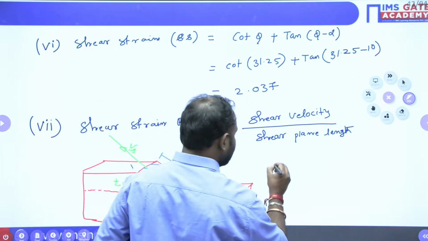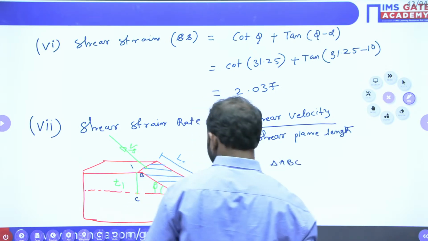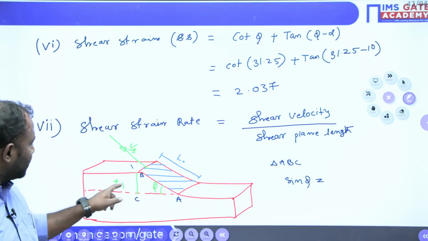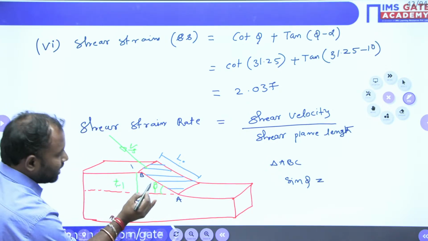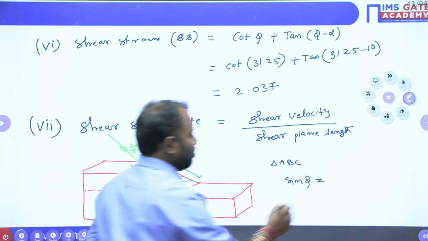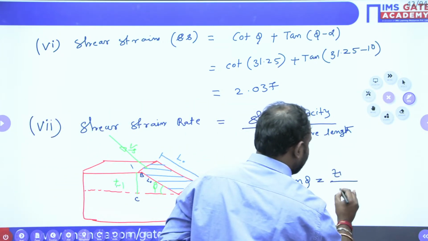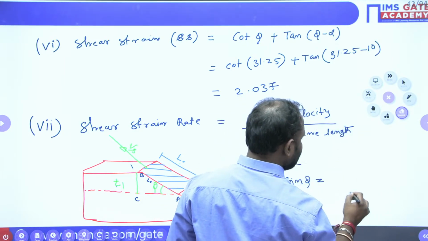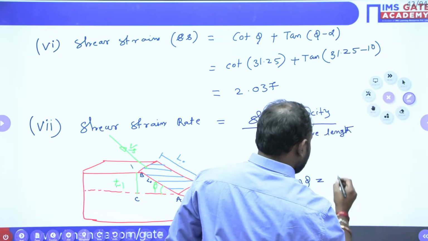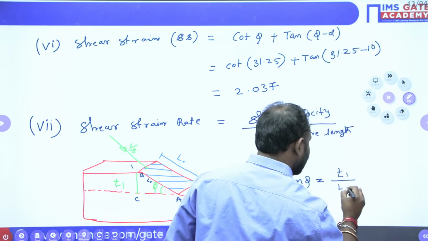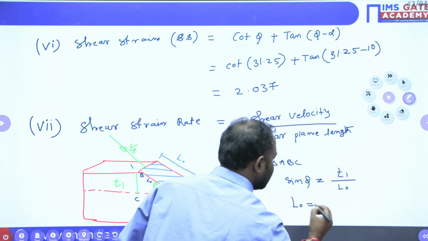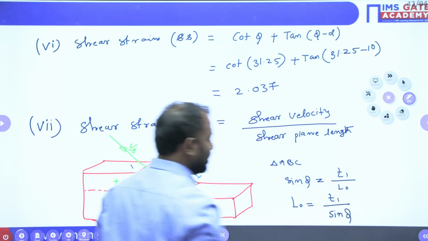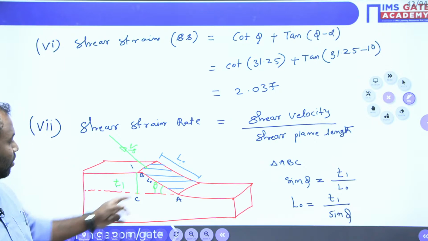From triangle ABC, sin phi is equal to T1 divided by L0. I require L0, so L0 equals T1 by sin phi. So that you are going to get your L0. Clear, everybody? Now the shear plane length we got.